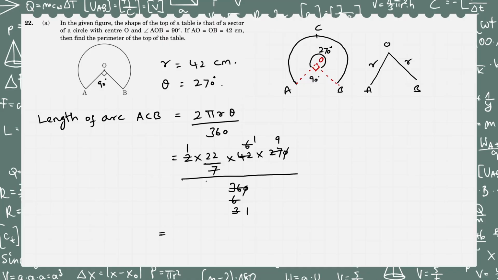So the final value for this is, we are having 22 into 9 here, 198 centimeters. Okay, so that is the length of the arc ACB.